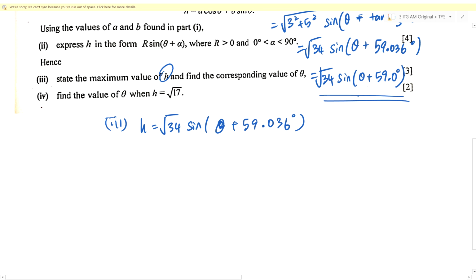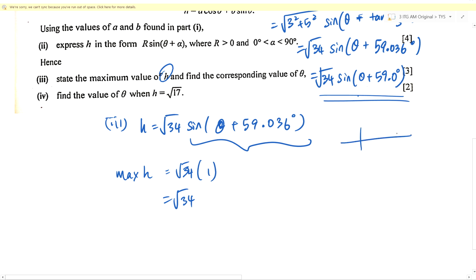The maximum value of a sine graph is 1. So maximum H is root 34 multiplied by 1, which is root 34. Okay, our sine graph looking like this. Maximum value 1.